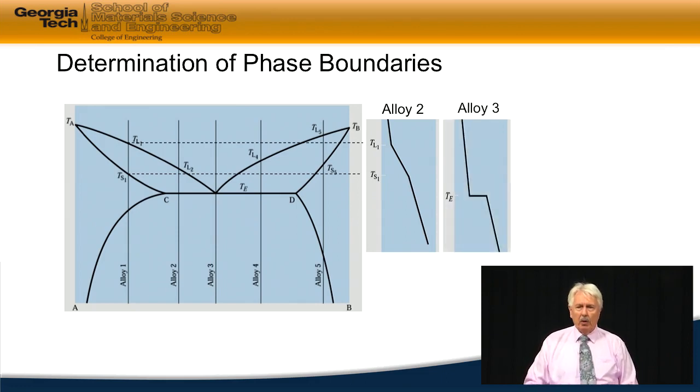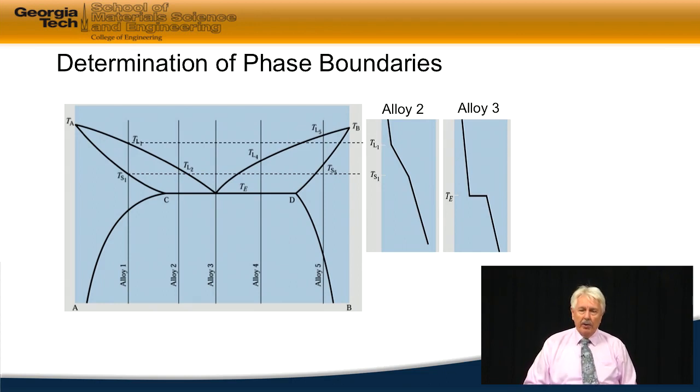When we look at alloy number 3, what we see is a composition that goes right through the eutectic reaction. And we see a change of slope, and that slope change is occurring at the eutectic isotherm. Here we have a horizontal arrest line. The reason we have that horizontal arrest line is because that eutectic reaction is invariant, and the heat associated with the solidification process retards the temperature of the sample.